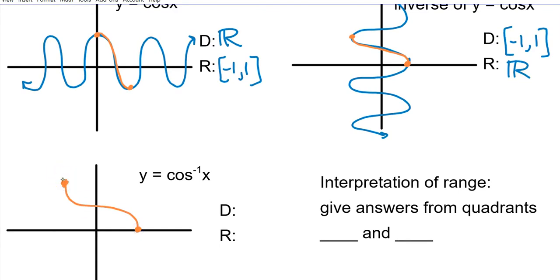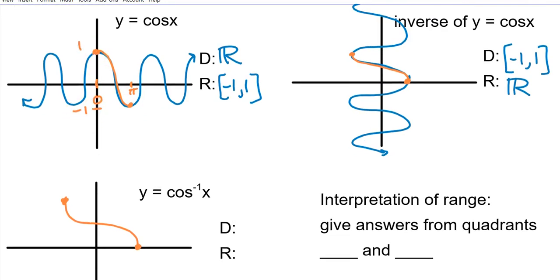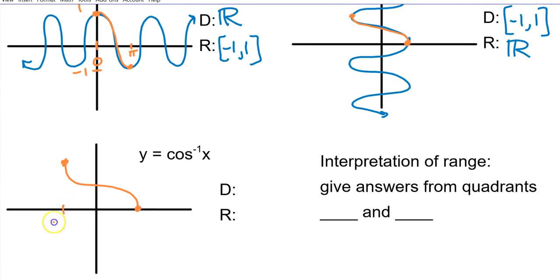Strange, eh? Now, what are the domain and range values? Let's see. If we go back to the cosine graph, this was 0, this was pi, if you're in radians, and height-wise, this was negative 1 and this was 1. So when we flip that around, the x values will be negative 1 to 1, and the y values will be 0 to pi.